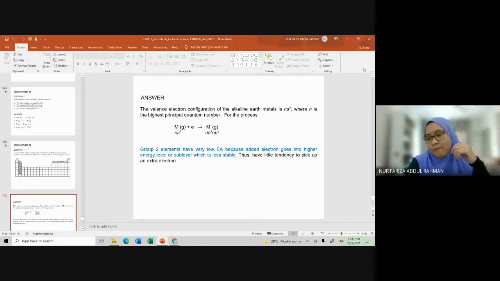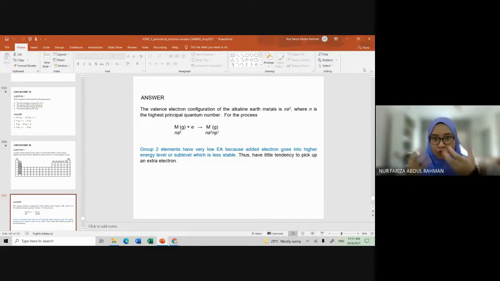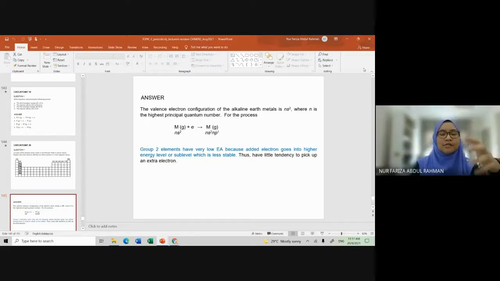Betul tak? So perlukan 6 elektron tu, don't forget dia ada shielding effect kat situ. So the more electrons are added, that means the shielding effect will be higher. So macam nampak macam masukkan je, tapi dia susah, it's not as easy as that.